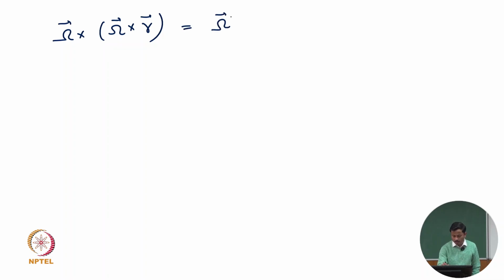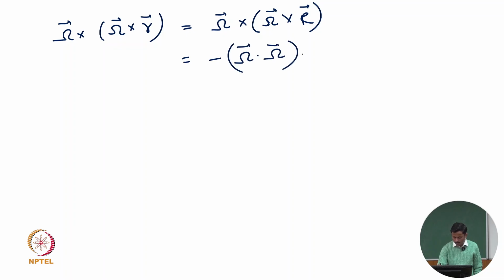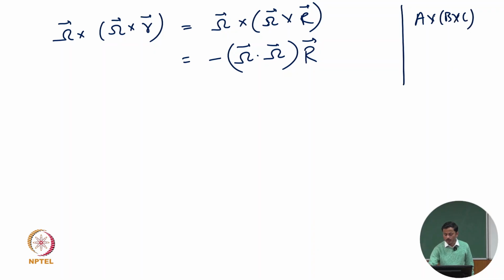This will be expressed as omega cross (omega cross R), and this is equal to minus omega dot omega times capital R. Use the product rule for A cross B cross C and verify for yourself that this is what you get, and omega dot omega is just the magnitude of omega squared. This is minus omega squared R vector.